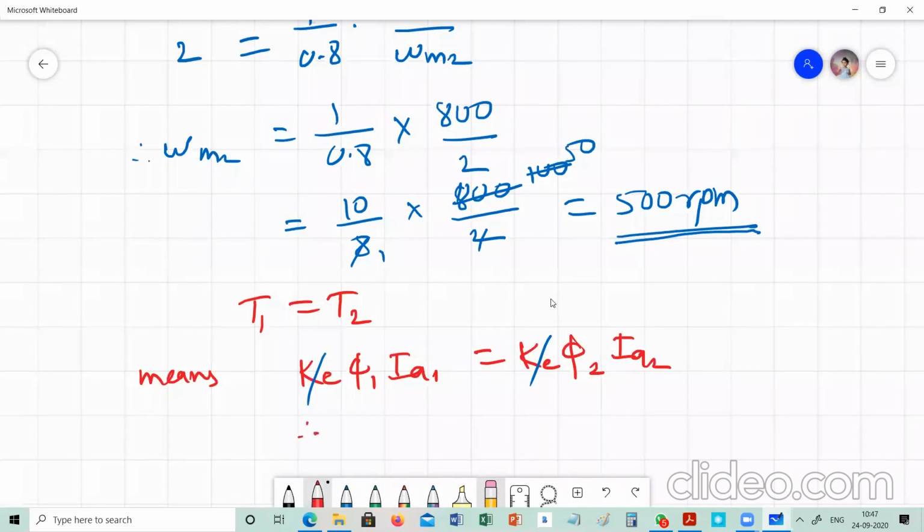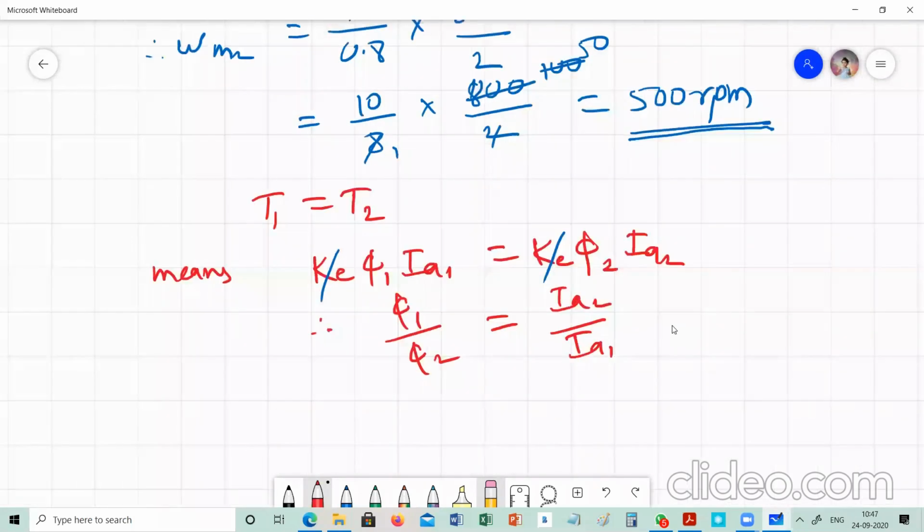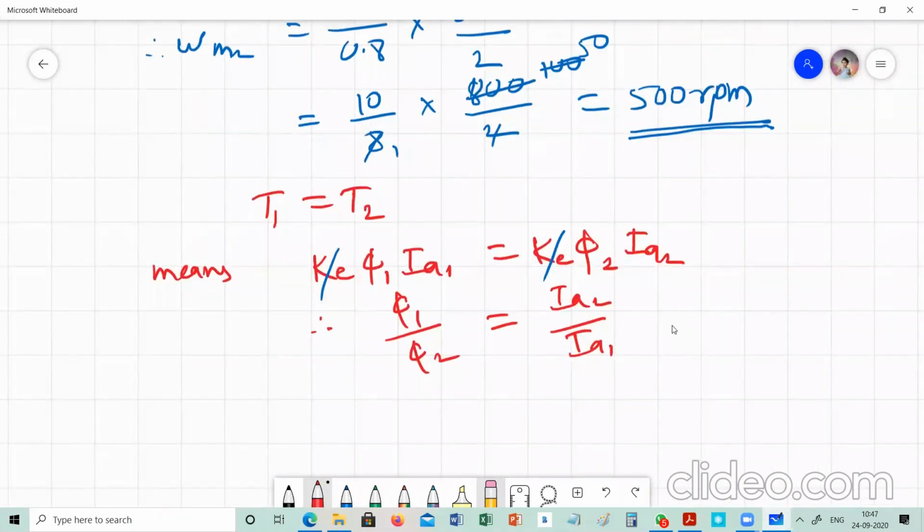Therefore phi1 by phi2 is equal to IA2 by IA1. We have the value of phi1 by phi2 equal to 1 by 0.8, equal to IA2 divided by the value of IA1, which they have given as 500 ampere.